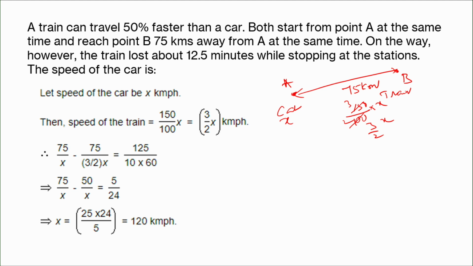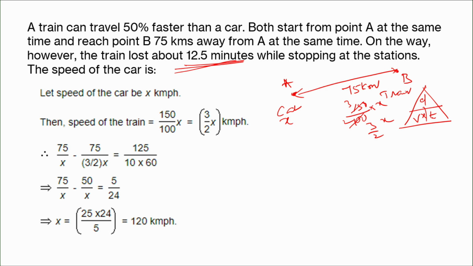Here the distance is the same, but the time difference between these two is 12.5 minutes. Already I said, once again I am drawing this: this is distance, this is the velocity or speed, and time. So distance by speed is equal to time.